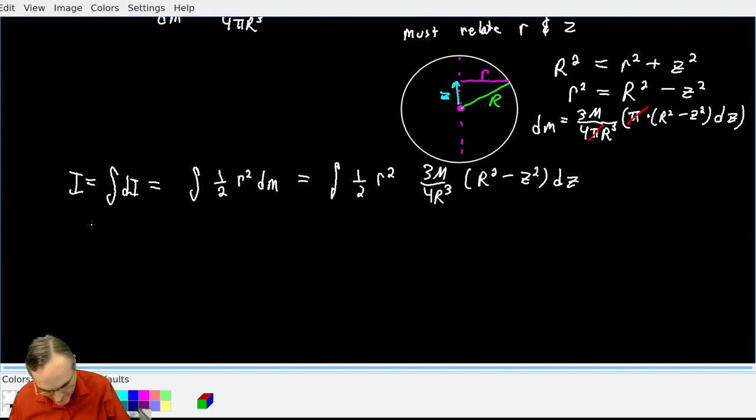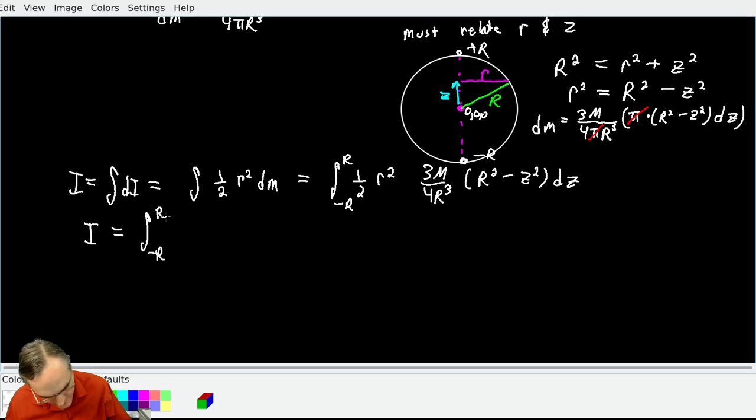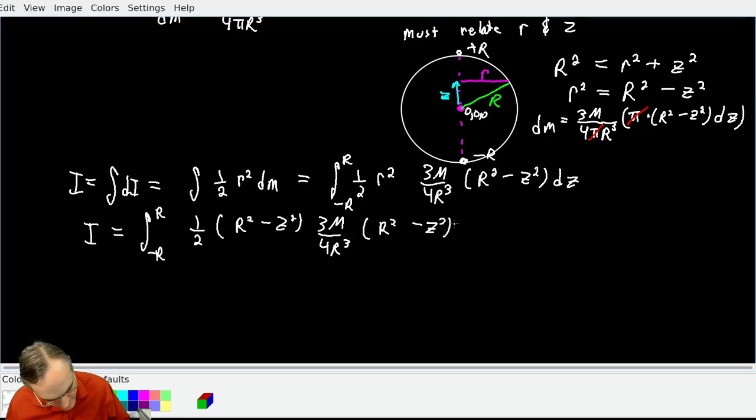All right, so to wrap up. We're integrating over z. z goes from minus R to R. If this is 0, 0, 0, it goes from right here, minus R at the bottom, to the top, plus R. So the integral from minus R to plus R of 1/2 big R squared minus z squared, times 3m over 4R cubed, full R squared minus z squared dz.